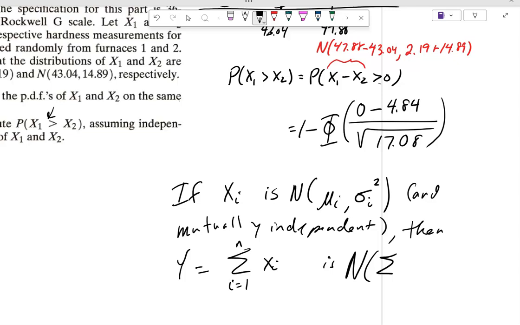We add the means. Oh, so I should say a sub i, a constant times that. We would add the a sub i times mu sub i. And we also add the variances, except that I have to square each of the constants.